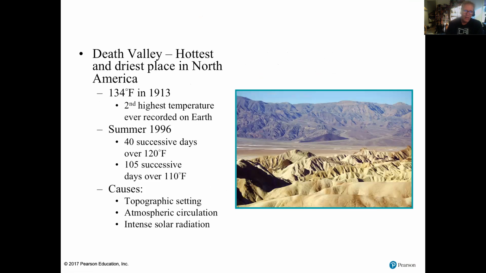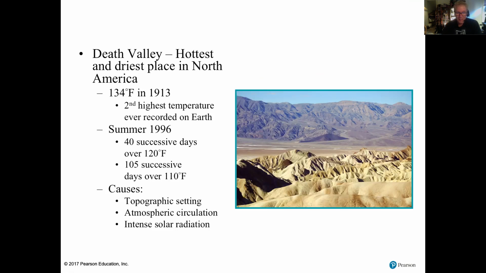Okay, so in America, Death Valley is the hottest and driest place in America. In 1913, it got up to 134 degrees Fahrenheit. It says it's the second highest temperature, but they've actually gone back and they think it actually was the highest temperature ever recorded on Earth.